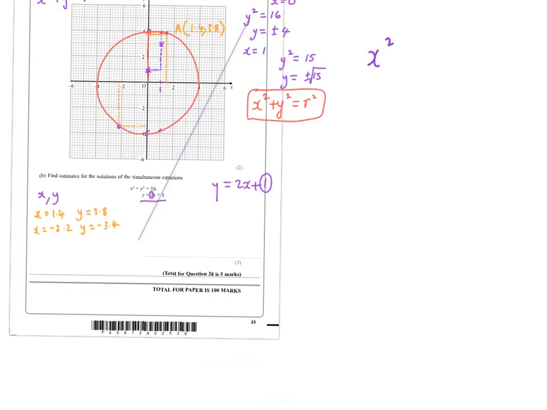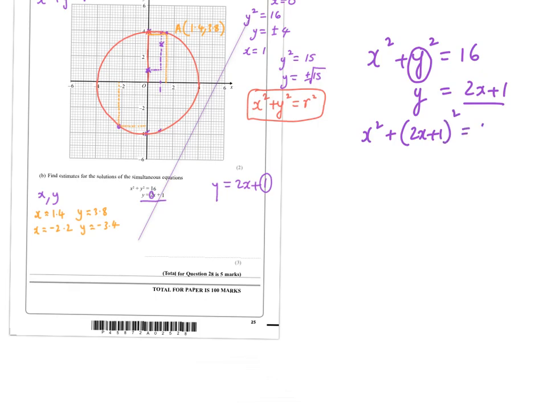So if we had x squared plus y squared was 16 and y was 2x plus 1, well, we want to see where they intersect, so we'd substitute this 2x plus 1 into here, and we'd have x squared plus (2x plus 1) all squared is 16, which will give us x squared plus 4x squared plus 4x plus 1 is 16.